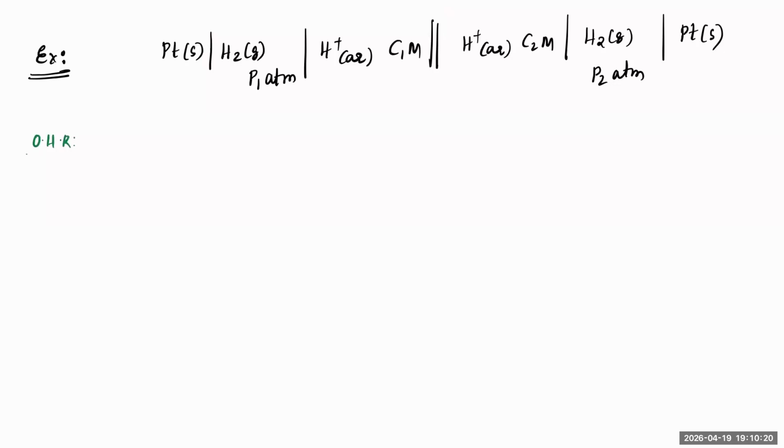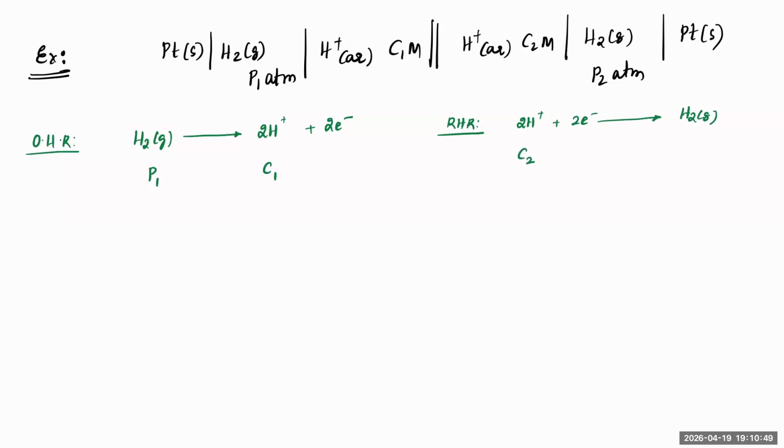The oxidation half reaction is H2 gas converting into 2H+ plus 2 electrons. Here pressure is P1, concentration is C1. If we write the reduction half reaction, it is 2H+ plus 2 electrons giving H2 gas. Here concentration is C2, pressure is P2.